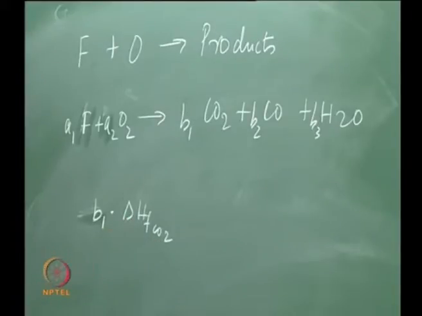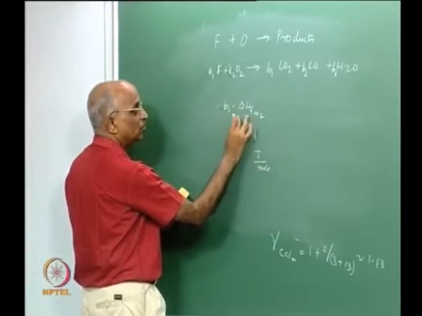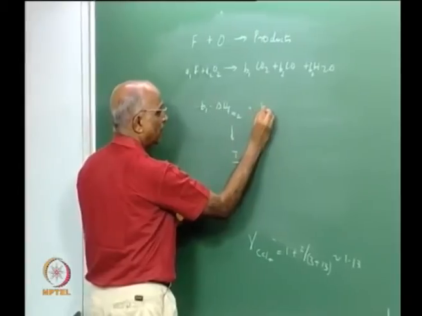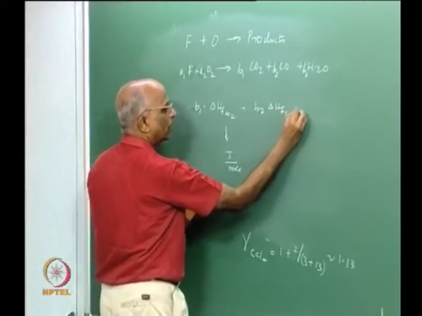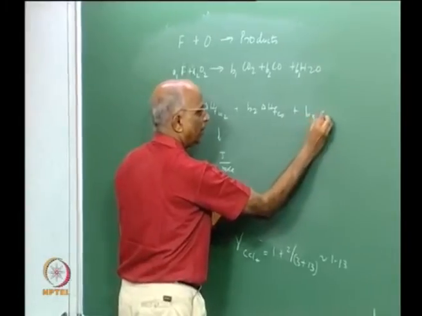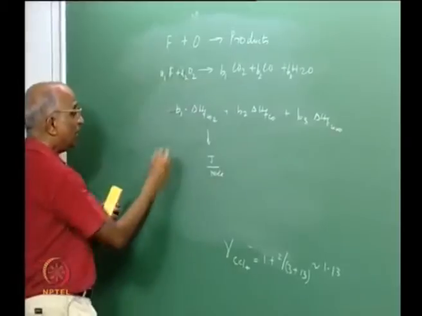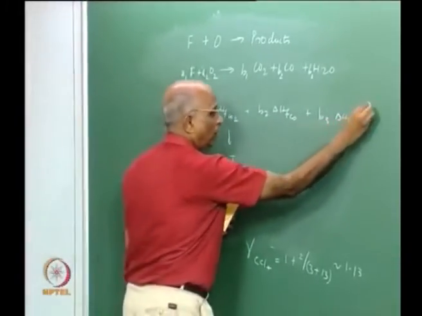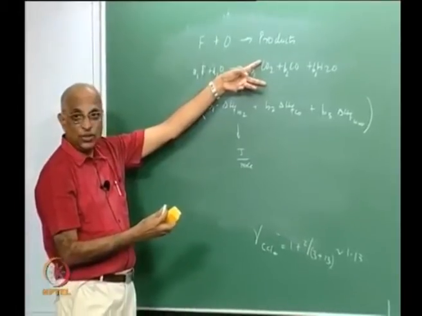Therefore, the unit of heat of formation is joule per mole, and this is the mole, this is the joule over here. Therefore, plus B2 into delta HF of CO plus B3 into delta HF of H2O. This is the value of the total heat of formation of the products.